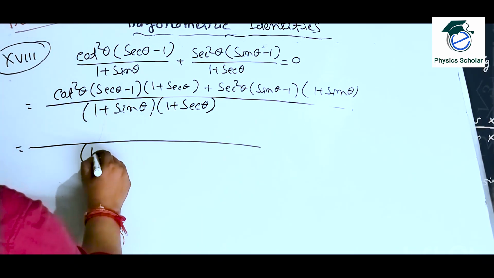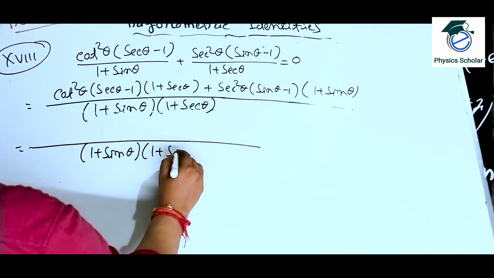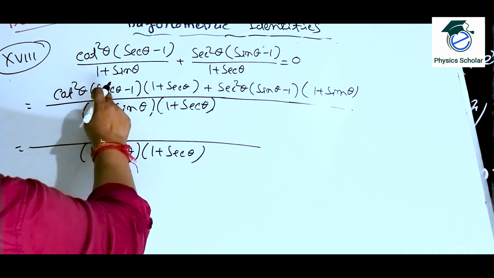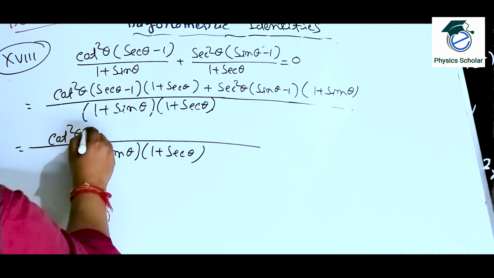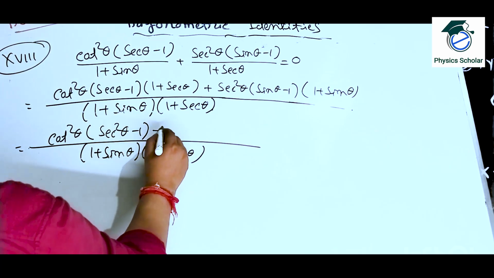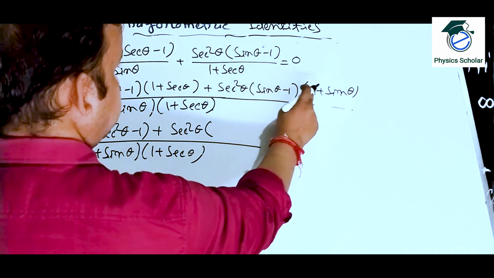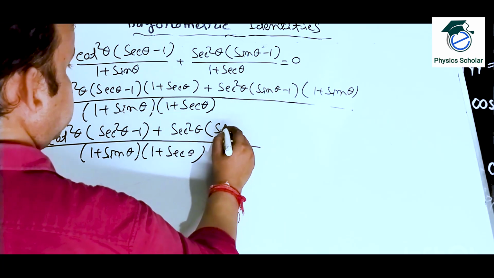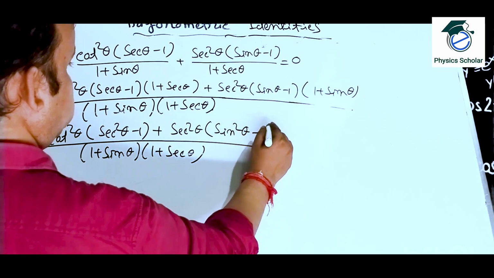Now 1 plus sin theta into 1 plus sec theta. Now see, a plus b into a minus b, so cos square theta into sec square theta minus 1 plus sec square theta into a minus b into a plus b, that means sin square theta minus 1.